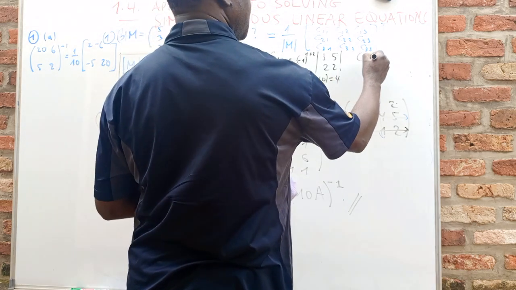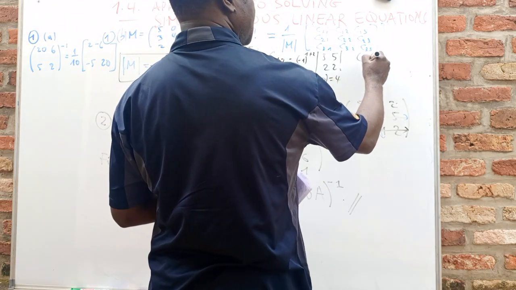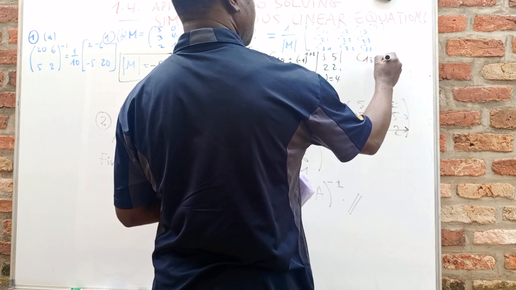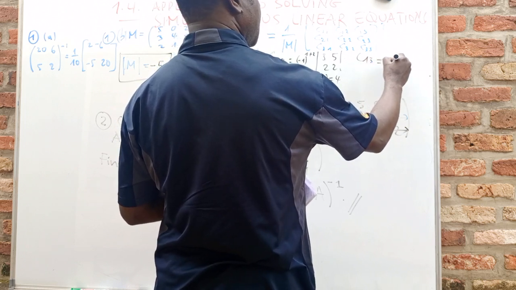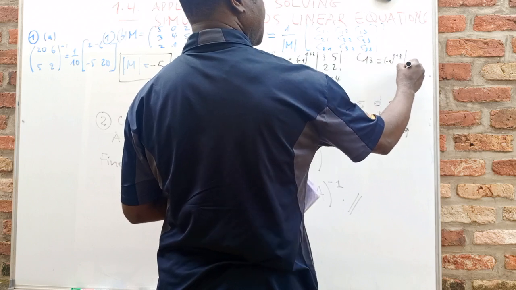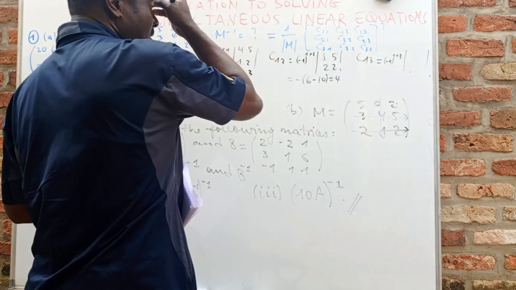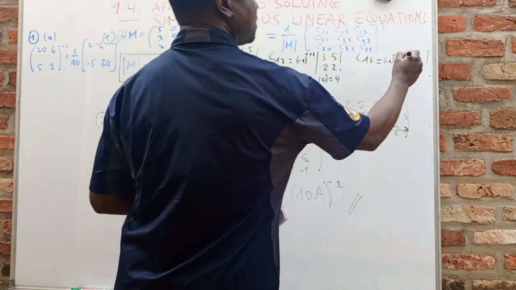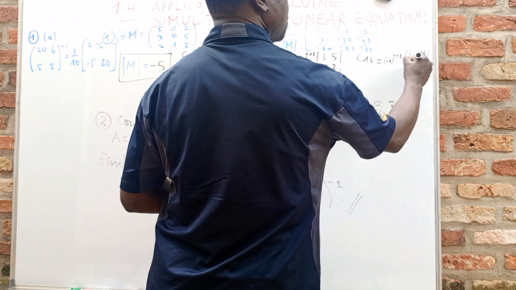So C1, 1, 3. So this is equal to -1 to the power 1 plus 3. So the determinant I'm looking for is 3, 4, 2, 1.